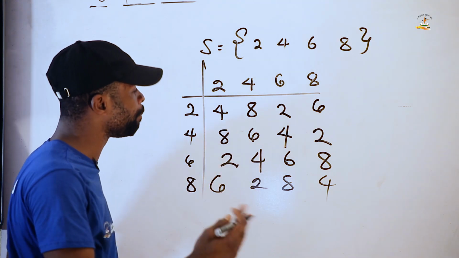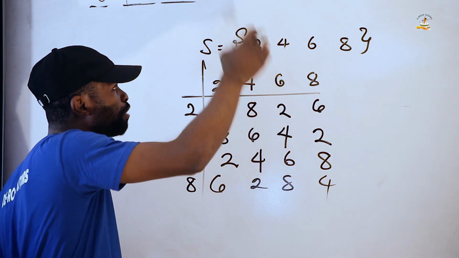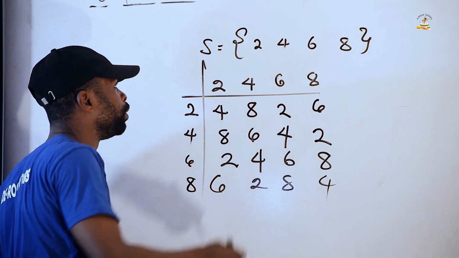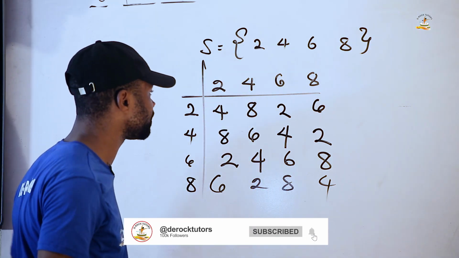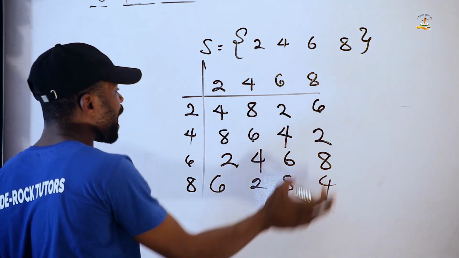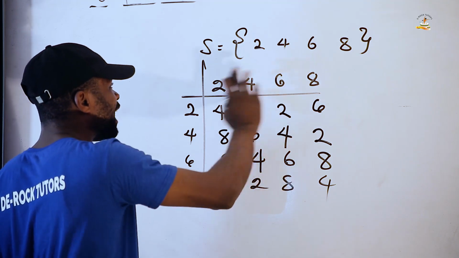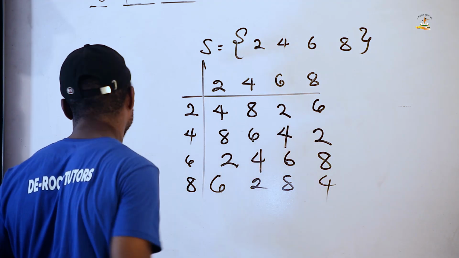And there is no number in this result that cannot be found on the given set. So we conclude in that case that the operation is closed because we have a replica of the element of this set in the result of the operation.